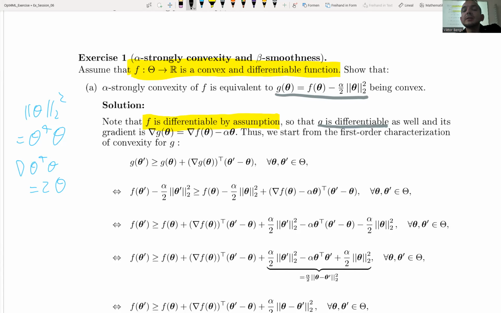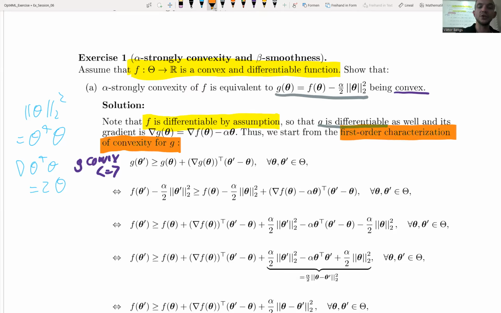What we can use is, if we start with the assumption that this function g of theta is convex, and we know g is differentiable because f is differentiable, then g being convex is equivalent to the first order characterization of convexity for g. This is what we use here, which we can use because g is differentiable.